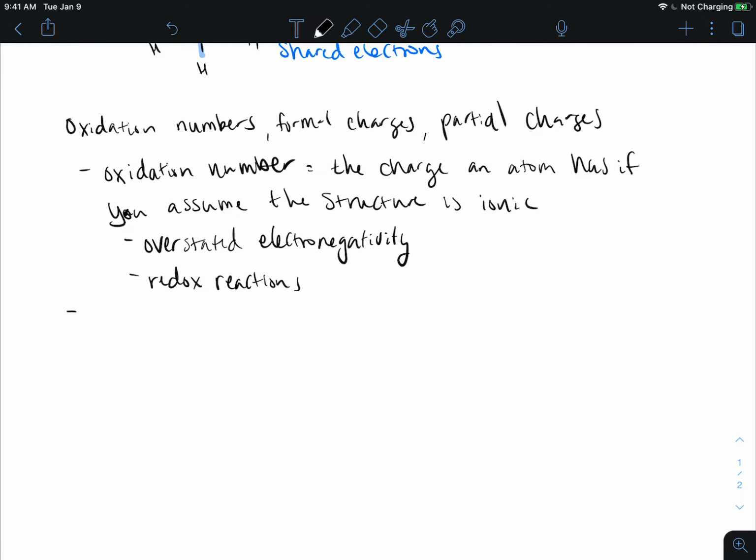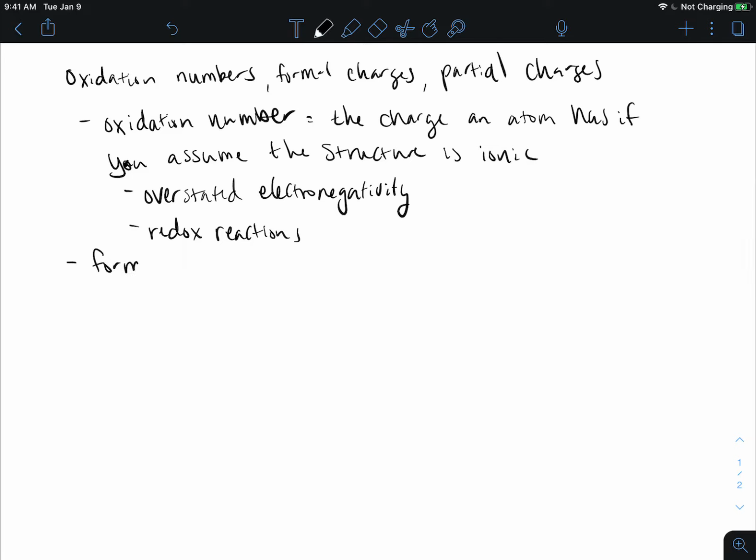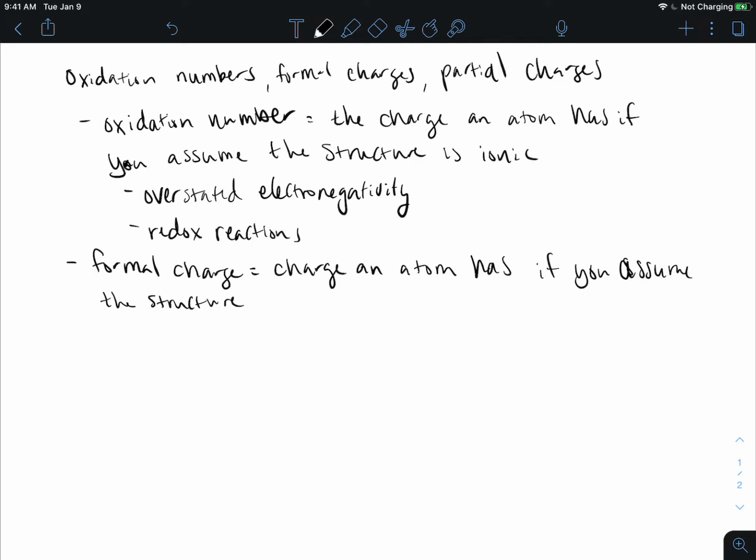Then we have our formal charges, what we're looking at today, where this is going to be assuming that we have a purely covalent species. So this is a charge an atom has if you assume the structure is purely covalent, meaning that all electrons are going to be shared equally.